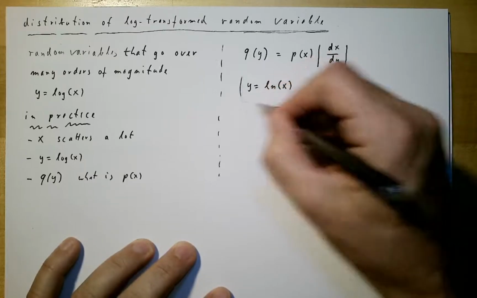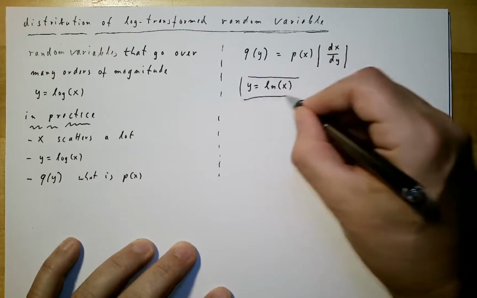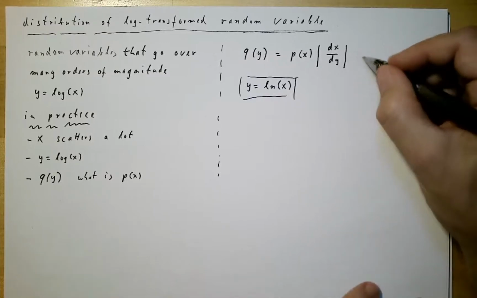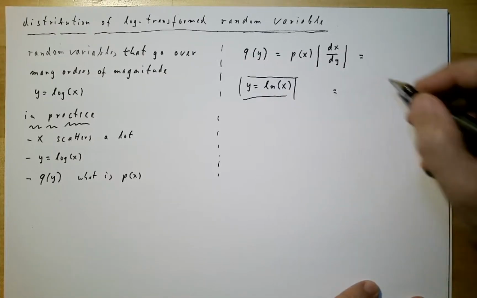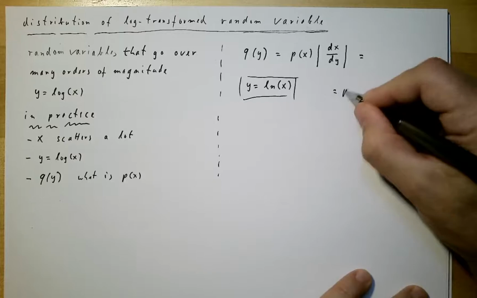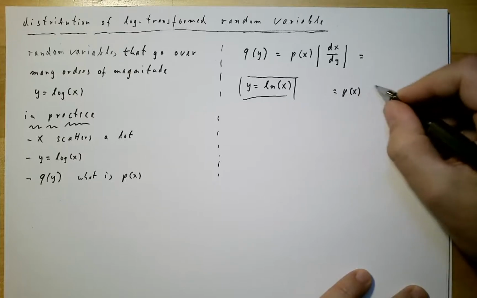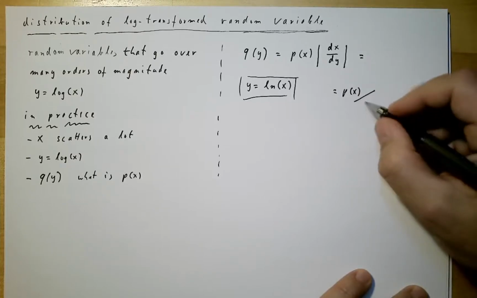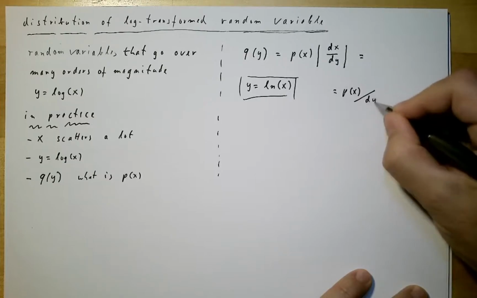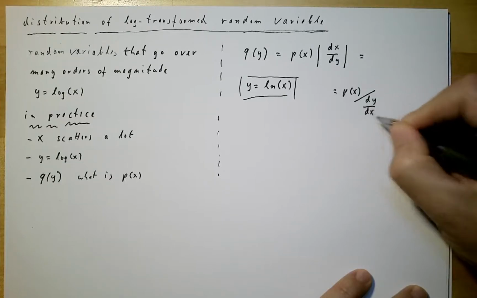So if we use this, then we can calculate here further. This is p of x divided by dy over dx.